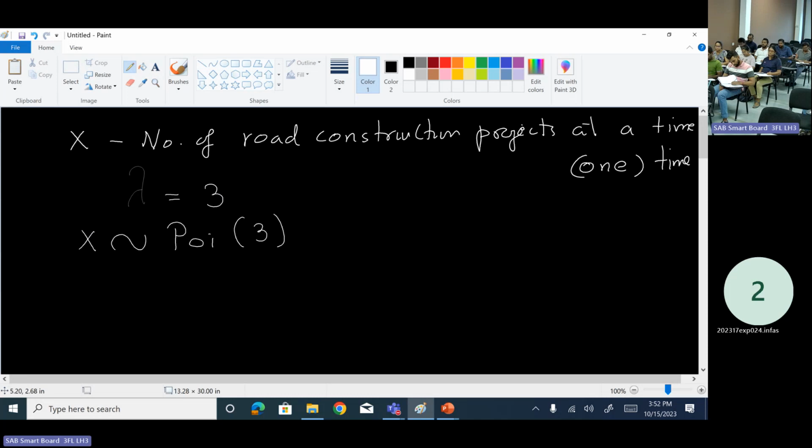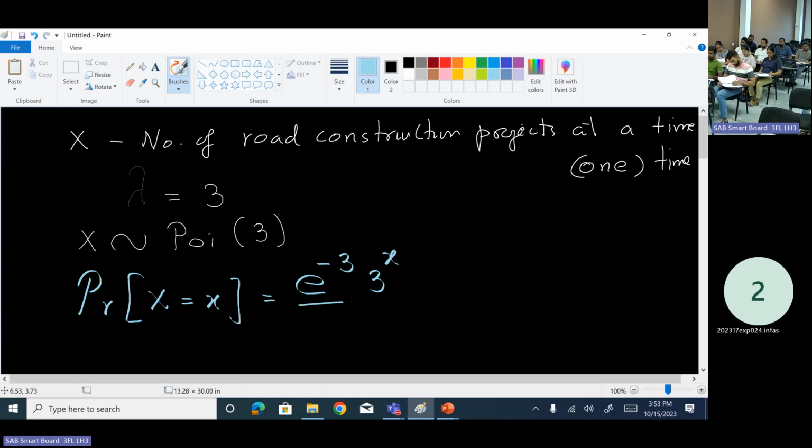So next we write down the probability function. So recall the general probability function and apply and get your probability function. Probability capital X equals small x is e to the power of minus lambda, lambda to the power of x over x factorial.